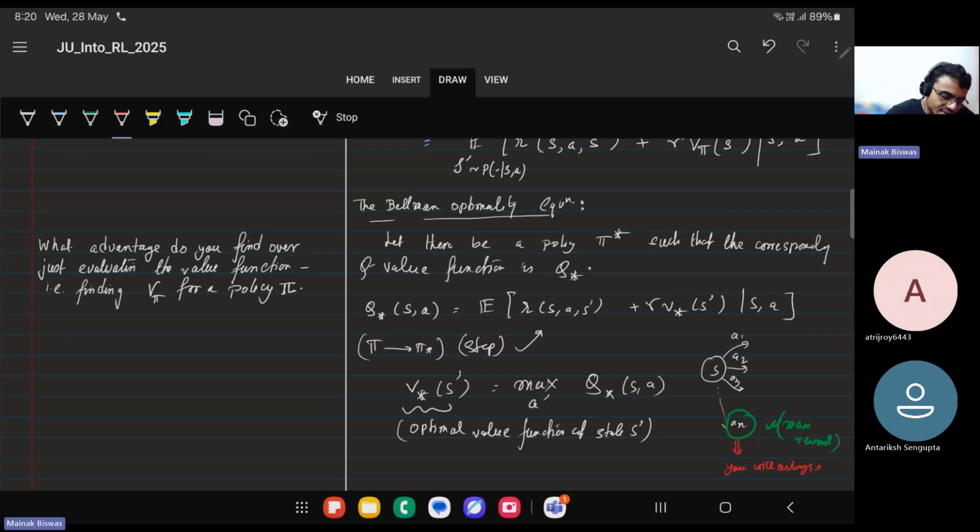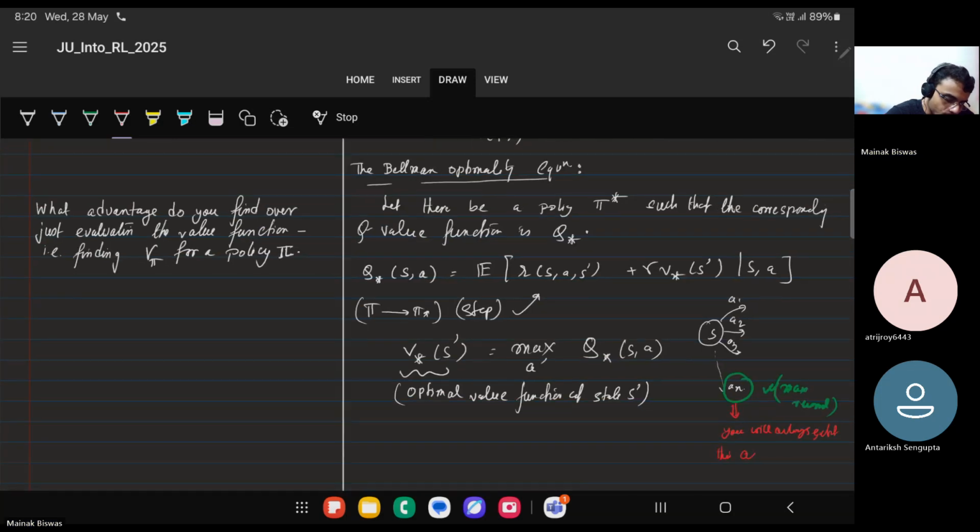So therefore, we know that the value function for a particular state S dash is just maximizing over all the actions at that state. Whatever max action is maximizing your reward, that's your value function. Because in the optimal case, you will only select the optimal action. That's it, right?